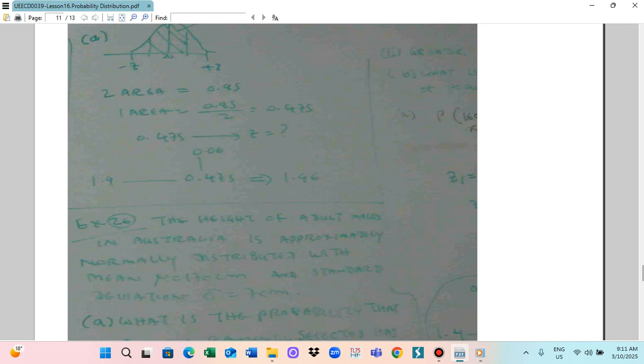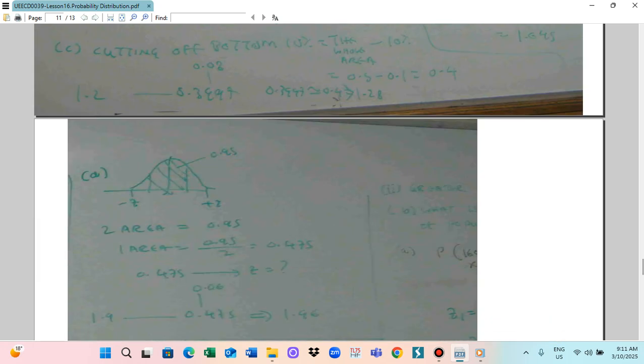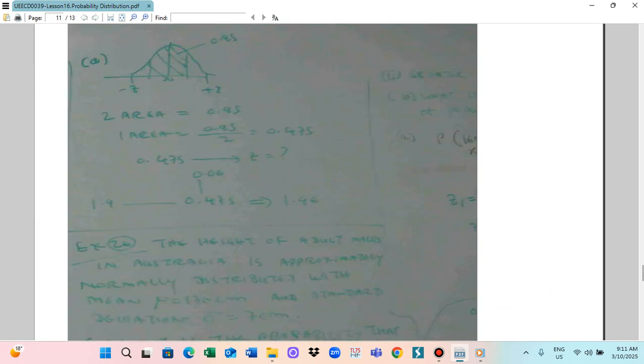The closest numbers to 0.45 are 0.4495 and 0.4505. For 0.4495 you see 1.6 and 0.04, and 0.4505 is 1.6 and 0.05. Then you have to make the average.